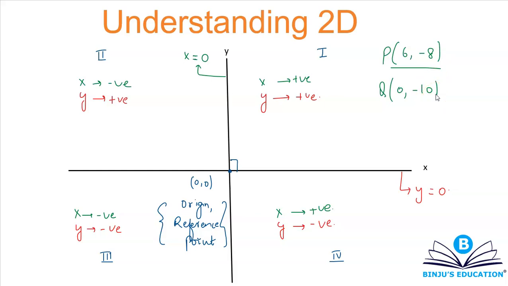Y is negative below x-axis. So this point is going to lie on y-axis and below the origin. So this point (0, -10) will be somewhere here. Okay, this is how you figure out which quadrant the point lies in, or which axis it lies on, x-axis or y-axis.